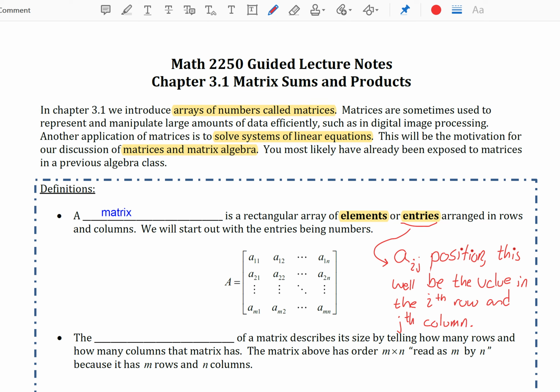For example, this is the entry in the A21 position because it's in the second row, first column. This would be the entry in the A12 position because it's in the first row, second column.